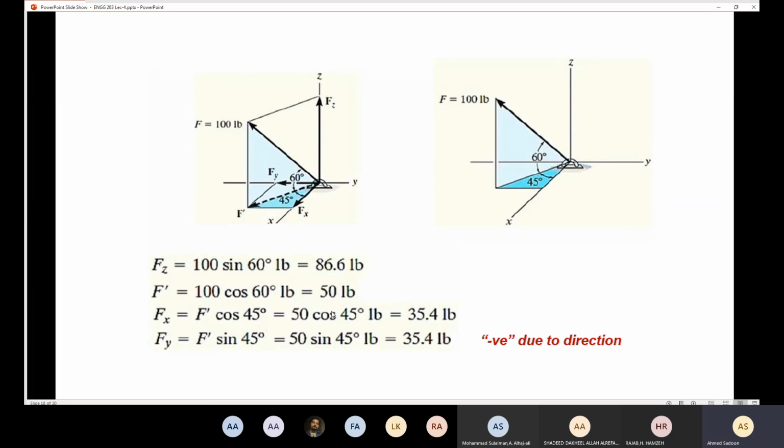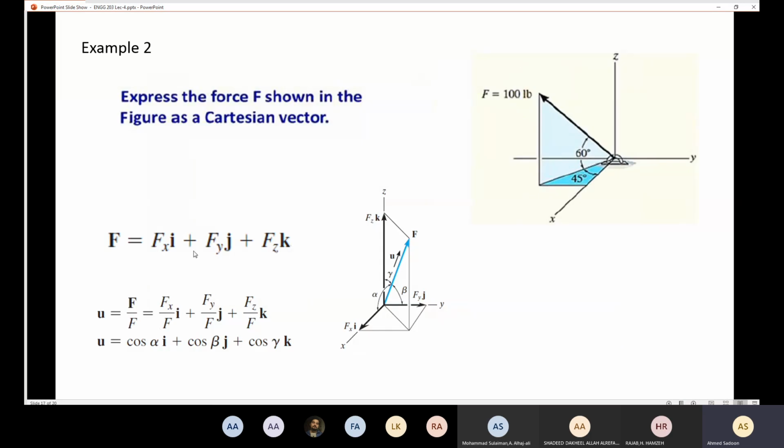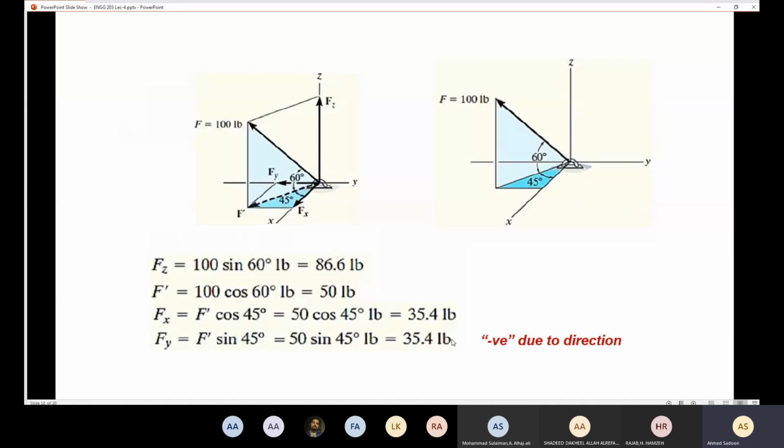And now I'm going to be able to know Fz and Fx and Fy, which I want here and here and here. And I need to know which ones are minus: this one is positive, this one is positive, and this one is minus, because this one is the positive direction while this one is the minus direction. So Fx is positive and Fy is negative.